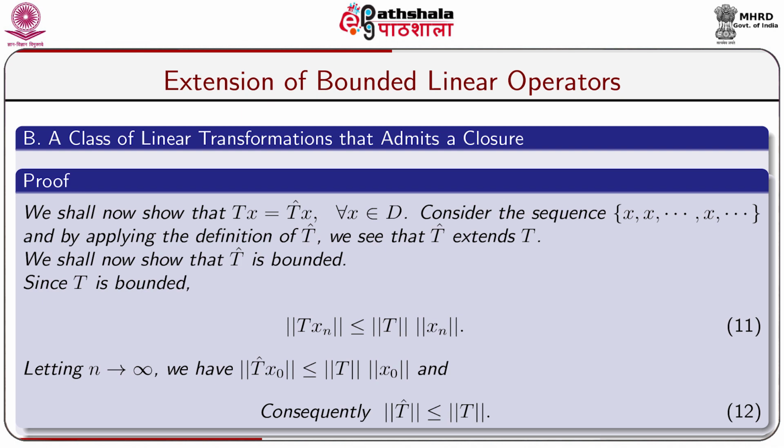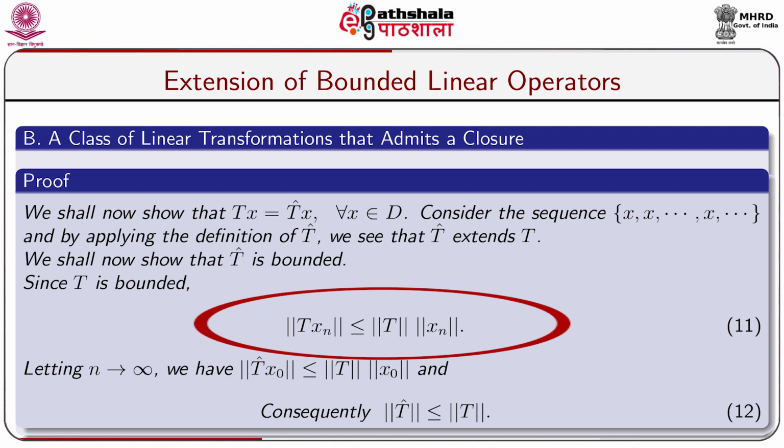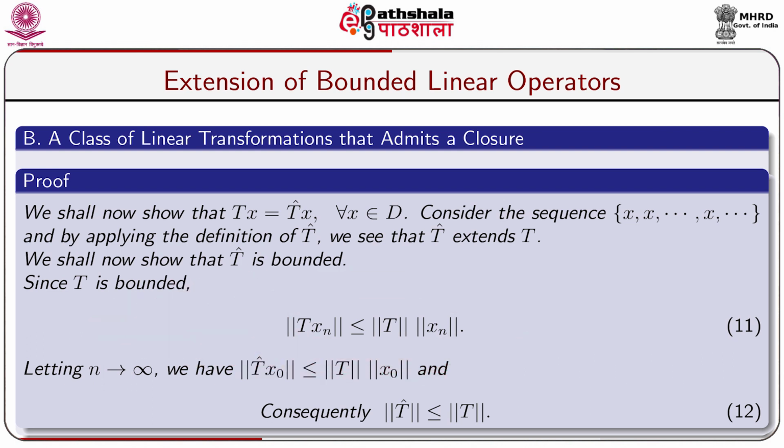We shall now show that T hat is bounded. Since T is bounded, norm Txn is less than or equal to norm T into norm xn. This is equation number 11.